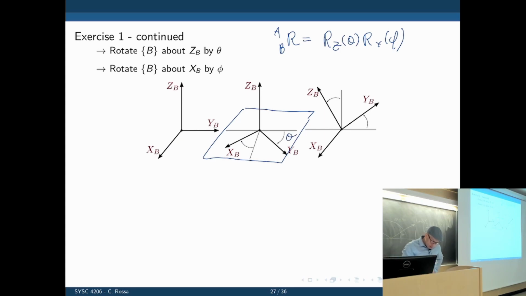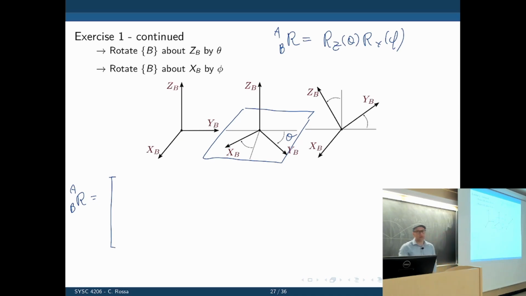So what is the rotation matrix? Well, it's the rotation around Z by theta. What's the transformation matrix here? It's the rotation matrix. So we are going to redo all the same story. XB on XA, XB on YA, and so on. I think we can probably just write that now. It's the same stuff as before, right?